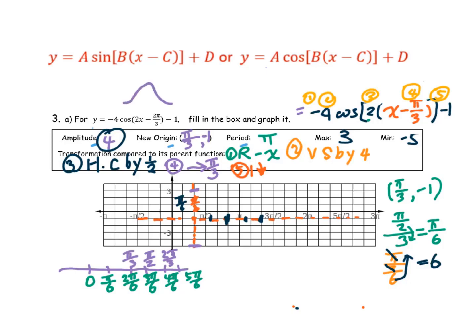We need to figure out like 1, 2, 3, 4, 5 points. Get started from the minimum. So 1, 2, 3, 4, 5. Then we can sketch this graph. That will be like this.